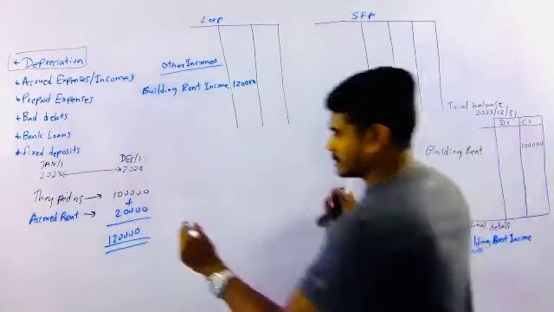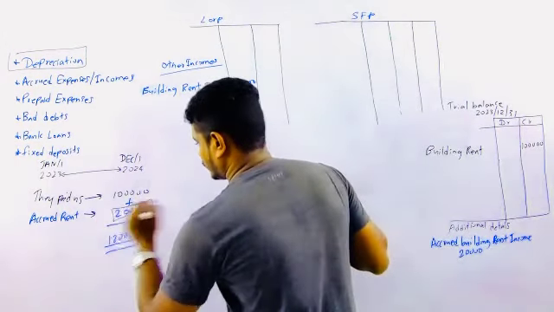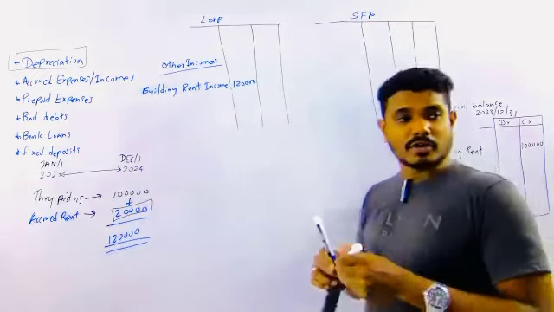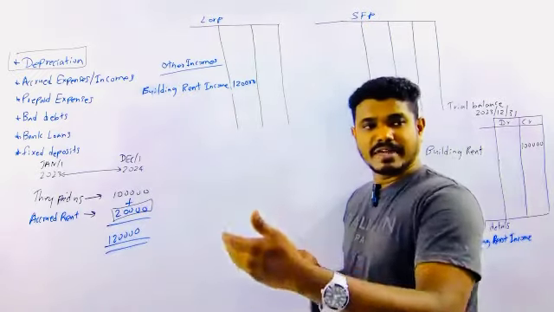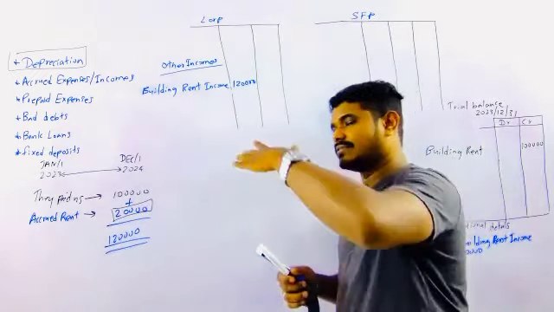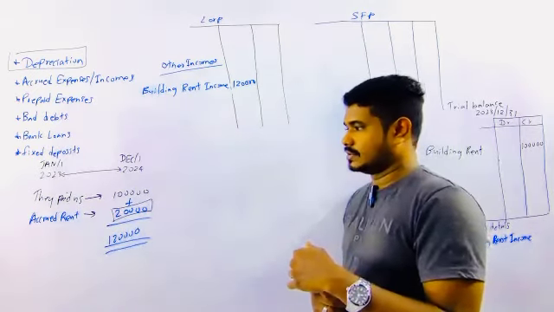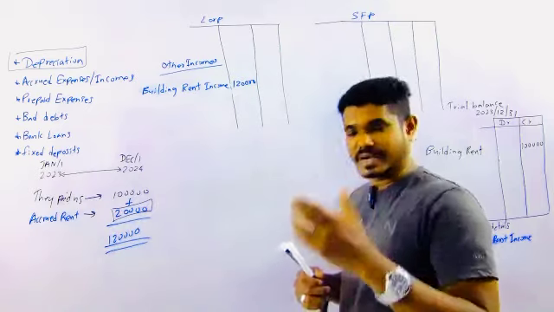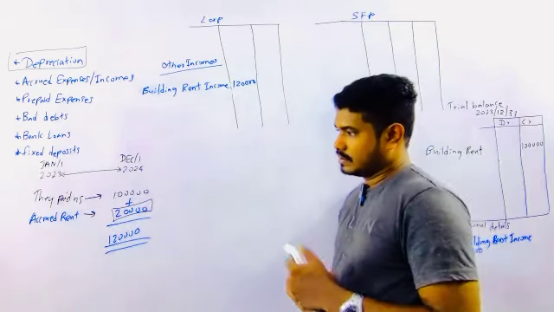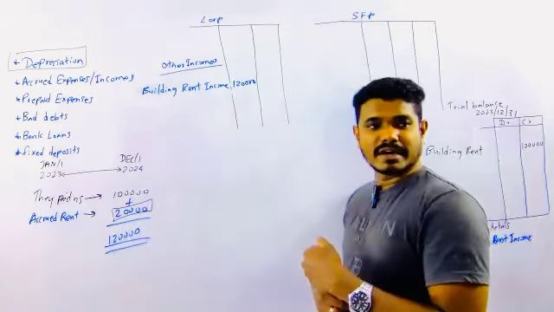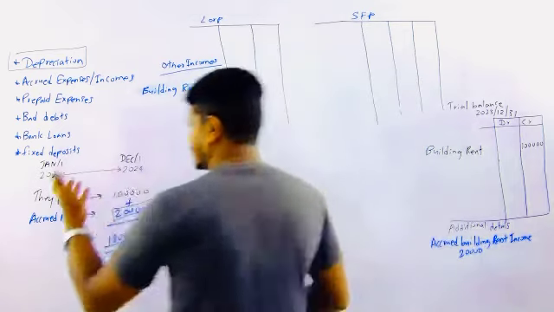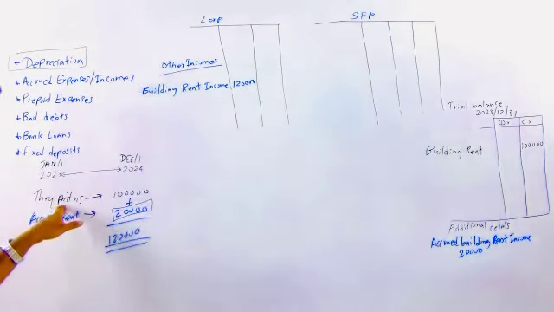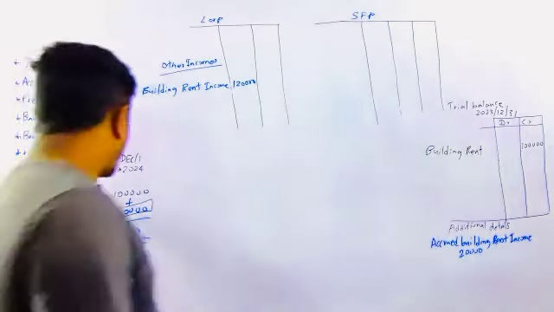Before, you remember, accrued expenses, what happens? When we overdue expenses, it automatically converts to a liability. But this one is income, no? The opposite side of the expenses. It means accrued income. What happens when some incomes are overdue?